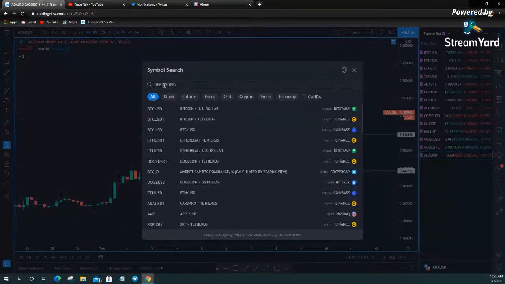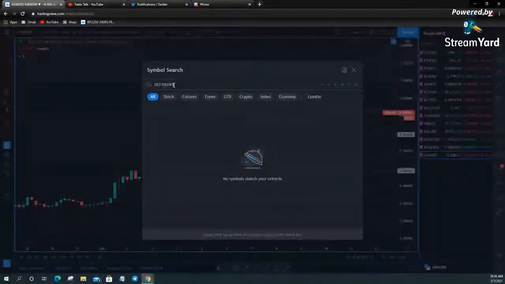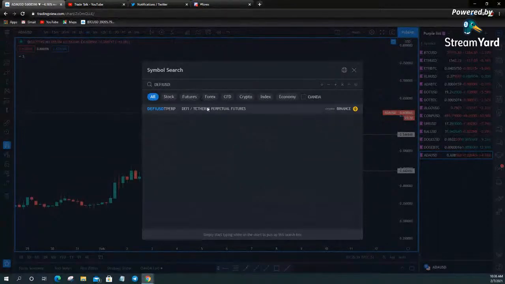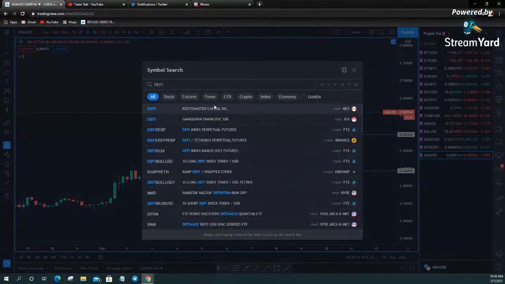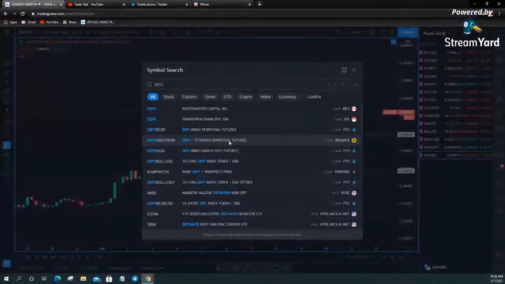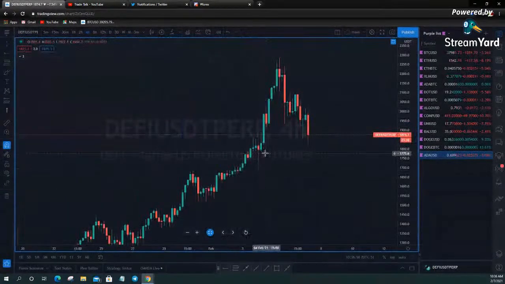The only one I see is Tether. You got to give me a ticker on that. DeFi USD perp, so it's going to be against Tether. This one I'd have to assume is what you're talking about. Yeah, this is what you're talking about.